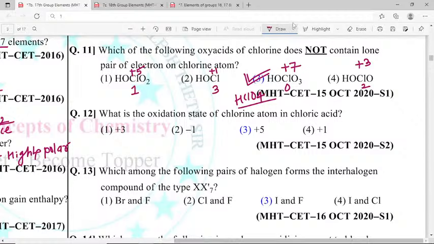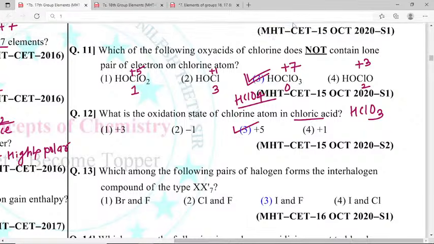What is the oxidation state of chlorine in chloric acid? So chloric acid, HClO3, oxidation state +5. How? Hydrogen is +1, chlorine has a value X, plus 3 times -2 is equal to 0.